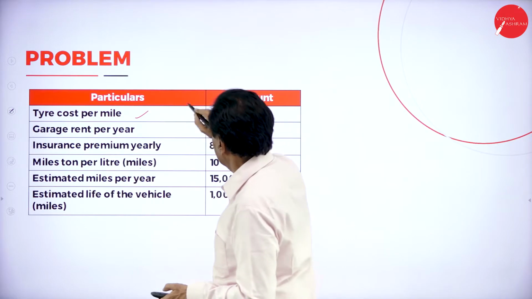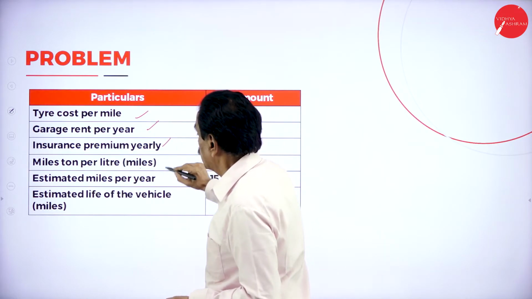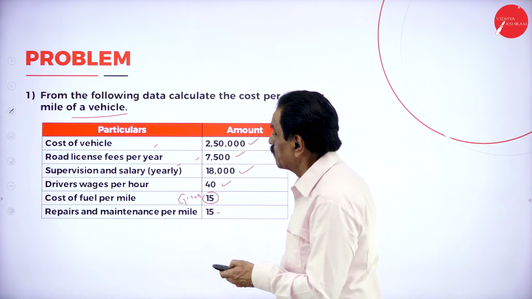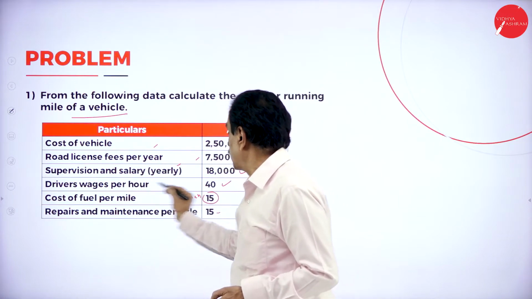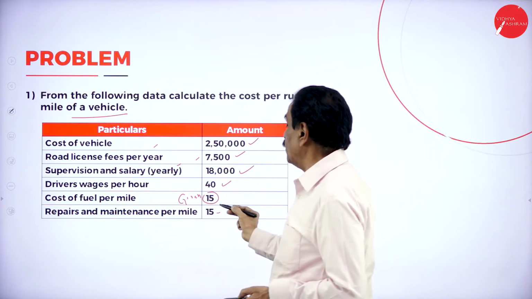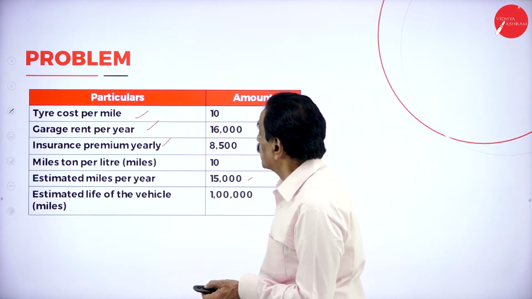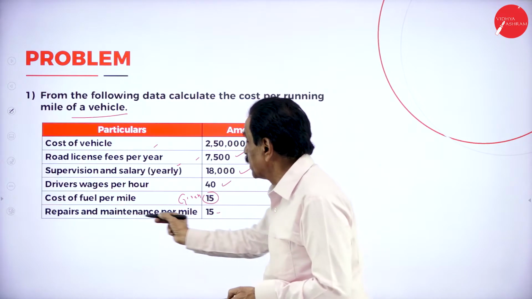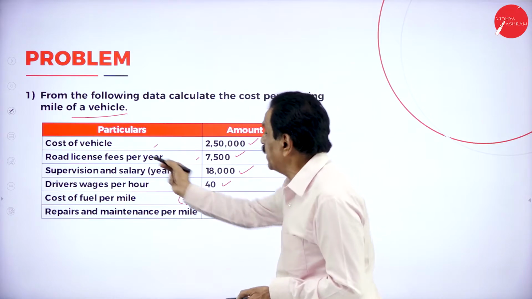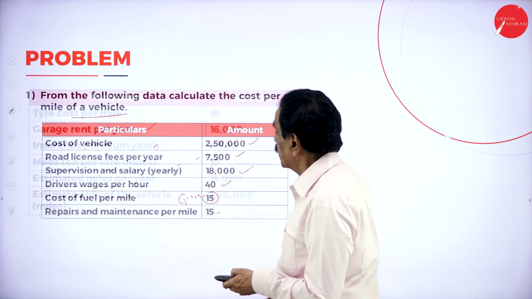So this is over. Then what is next? Driver wages, cost of fuel per mile, tire cost per mile, repairs and maintenance per mile. Tire cost is 10.